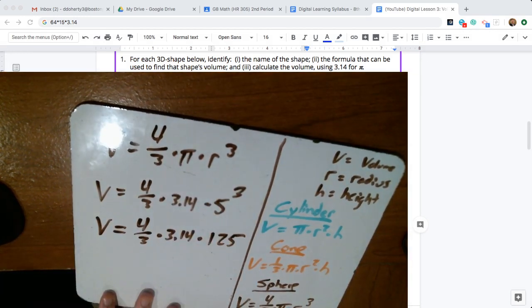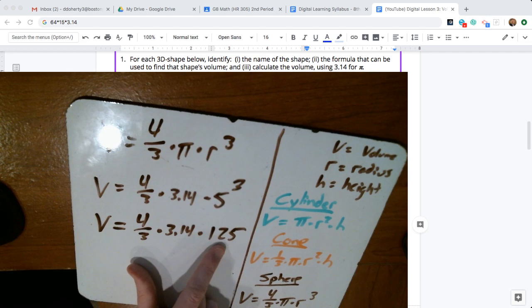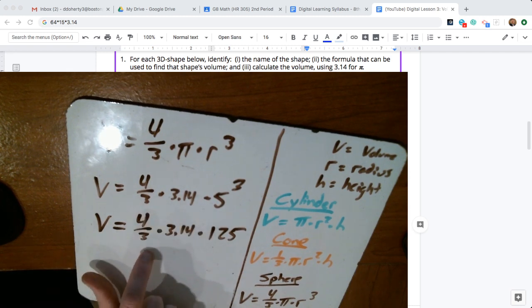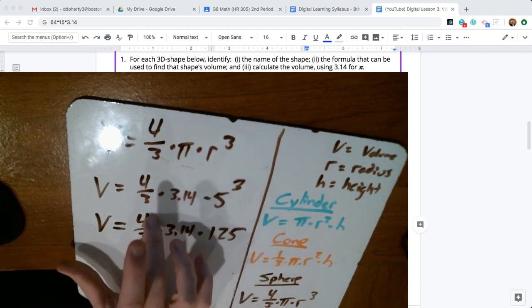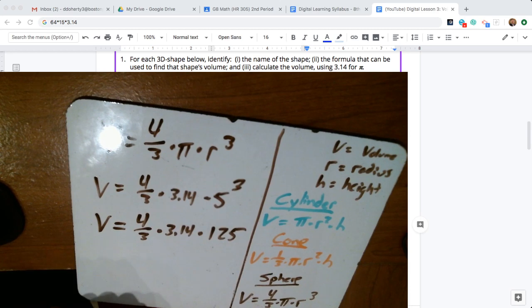For me, the easiest way to multiply is to handle the 3.14 last. I would do 125 multiplied by 4/3. Anytime I multiply with a fraction, I simply take the number and multiply by the numerator, the top of the fraction. So I would do 125 times 4, and then I would divide by 3.